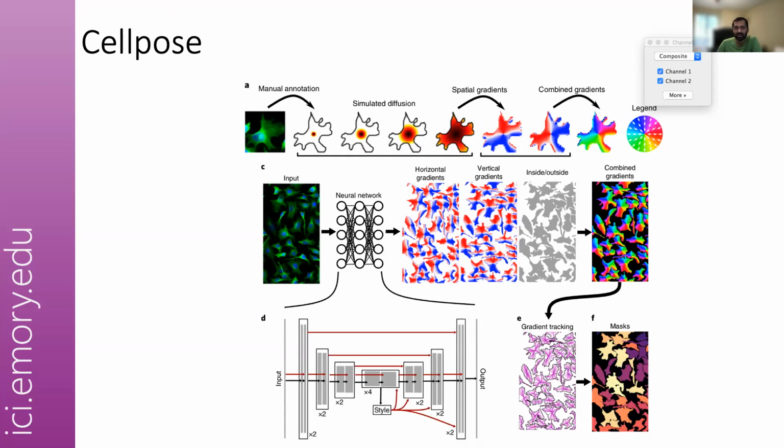And then these annotated regions and these gradients are fed into the neural network to generate these horizontal and vertical gradients. It also takes into account the boundaries and the edges. As soon as it realizes that there is a pixel which is background compared to your actual signal, it's going to create a boundary right there to generate these combined gradients, right? And then what you get finally is a mask, which is essentially your region of interest.